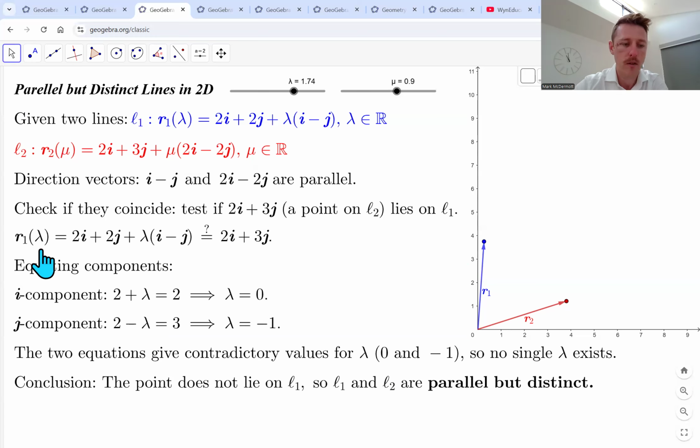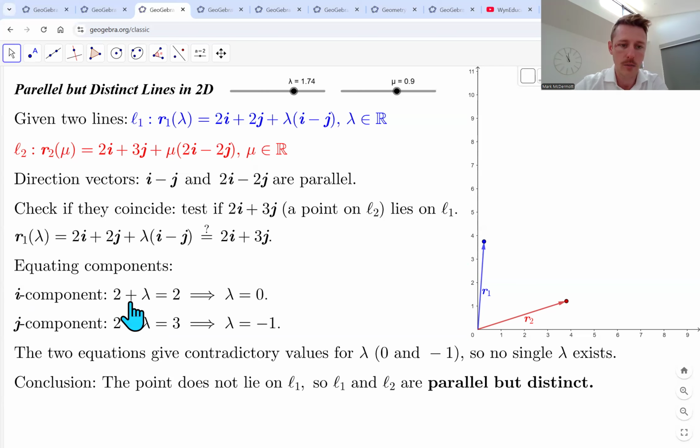So again, R1 of lambda equals 2i plus 2j plus lambda by i minus j. We're going to ask the question, is that ever equal to 2i plus 3j? Because if it is, then they're coincident. And if it's not, then they're not coincident. They must be parallel but distinct.